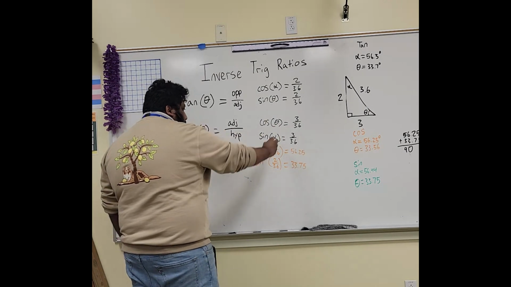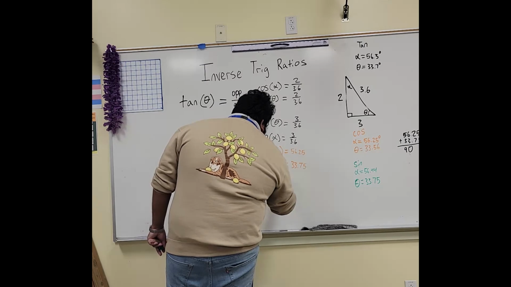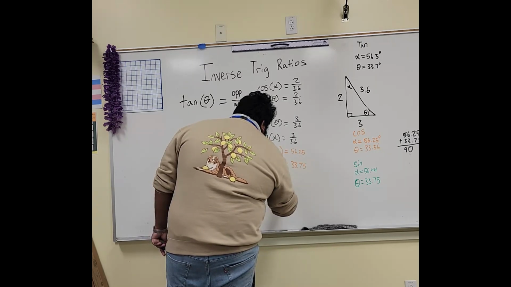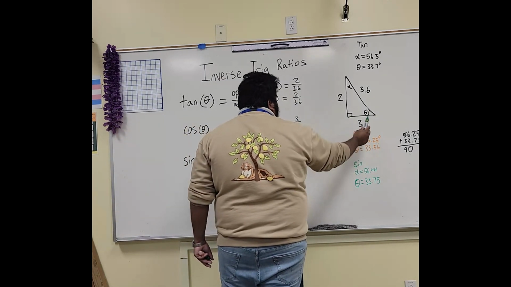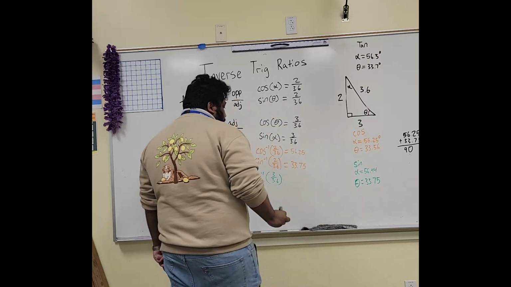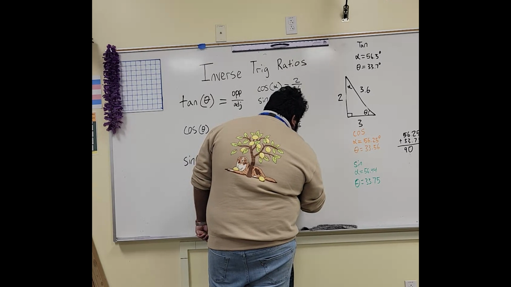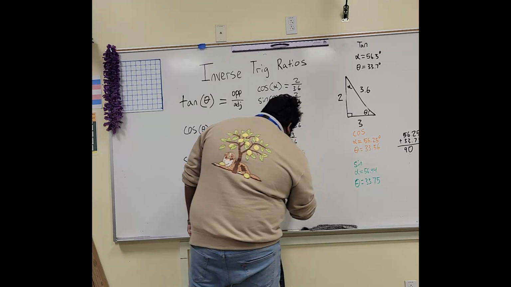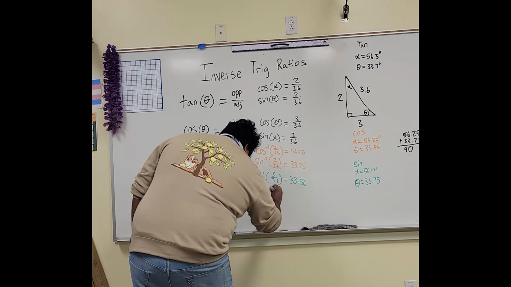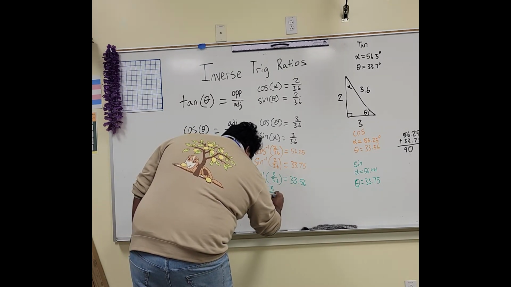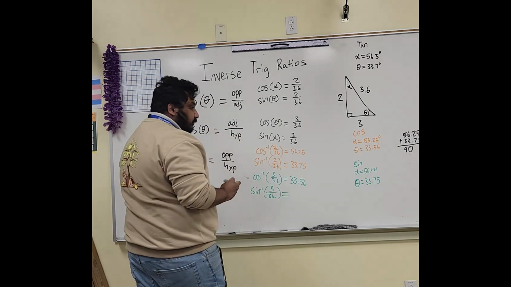And the same thing over here, green. Cosine of 3 over 3.6. So 3 over 3.6 gave us 33.56, and sine of 3 over 3.6 is 56.44.